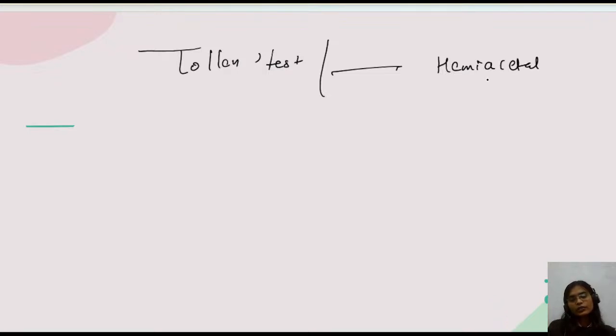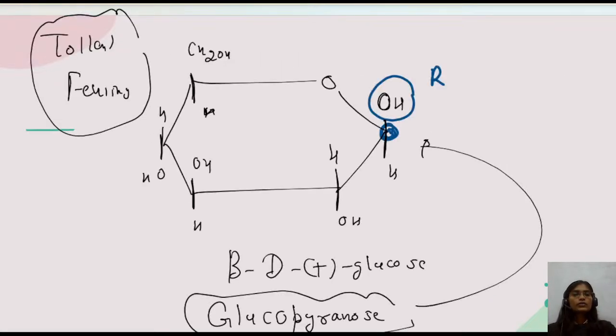Why? Because after tautomerism, the OH can form the aldehyde as well. So a hemiacetal gives the test positive, but an acetal gives no positive test. It means the presence of the free OH group on the first carbon is responsible for the reducing sugar.